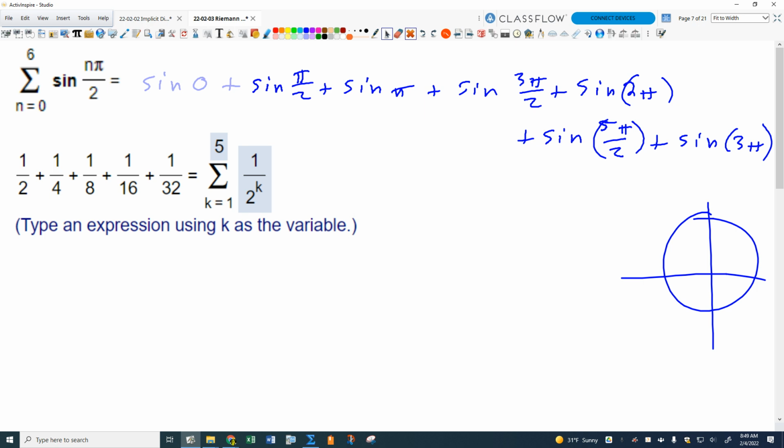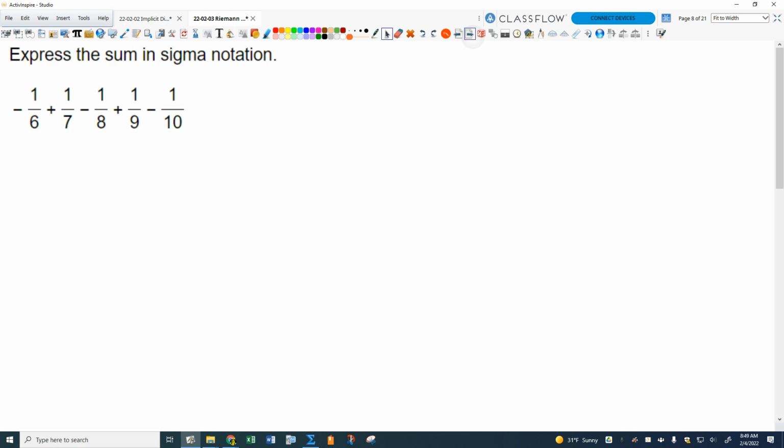Give me thumbs. How we doing? Is that good? Okay. All right. So then, write that in sigma notation. This is one more. This one's a little tricky. What seems tricky about that one? Yeah, that's alternating signs. Can you think of a mechanism for doing that?